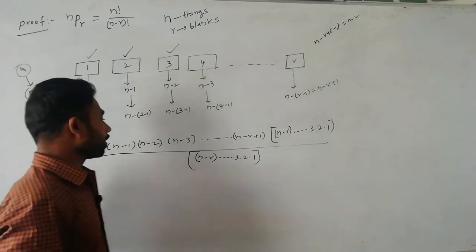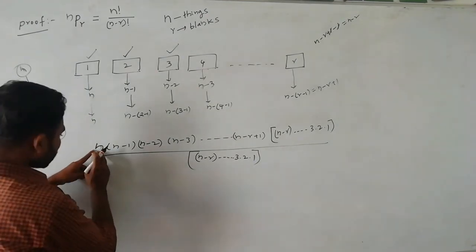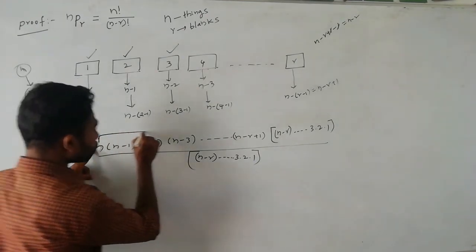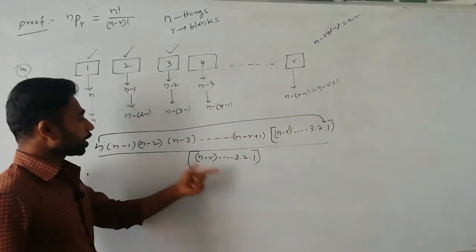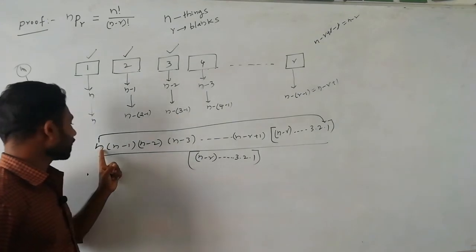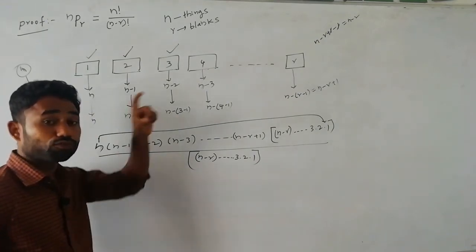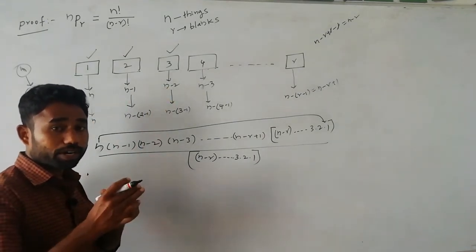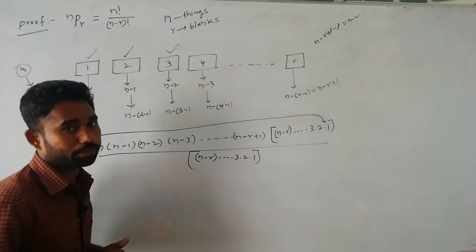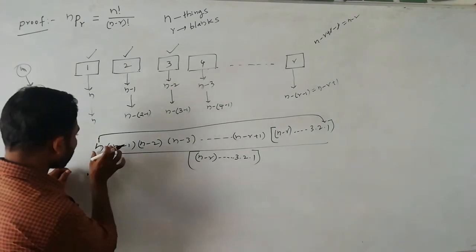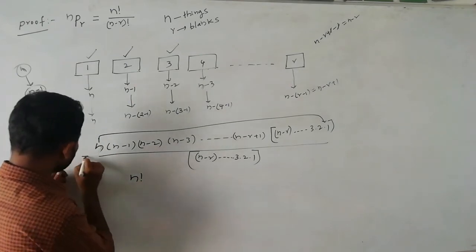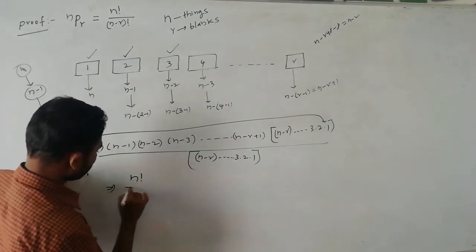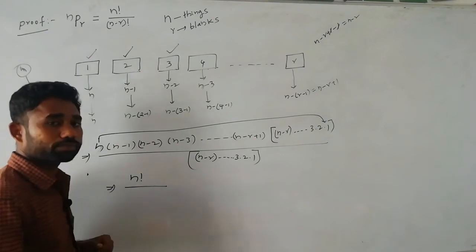Okay, here so what is the product from 1 to n? The product of the first n natural numbers is n factorial. So the whole numerator we can write as n factorial. Clear?